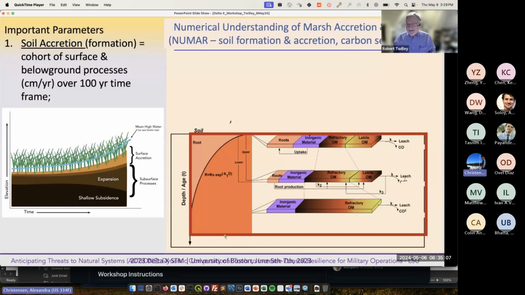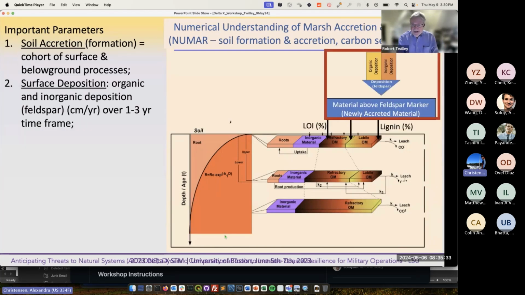The relative balance of those rates, that net, is the organic matter that contributes to vertical accretion. We track these year to year, and the sum of which is the formation of the soil, the composition of both organic and inorganic matter.